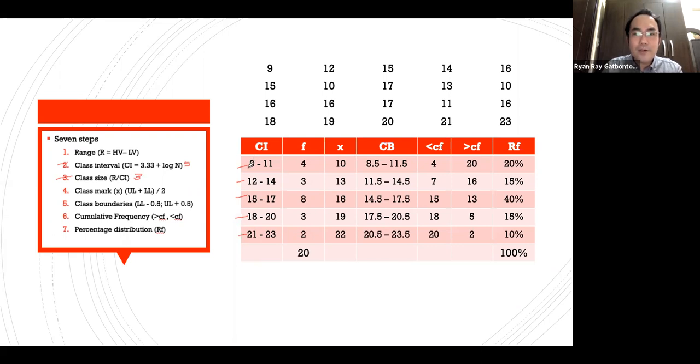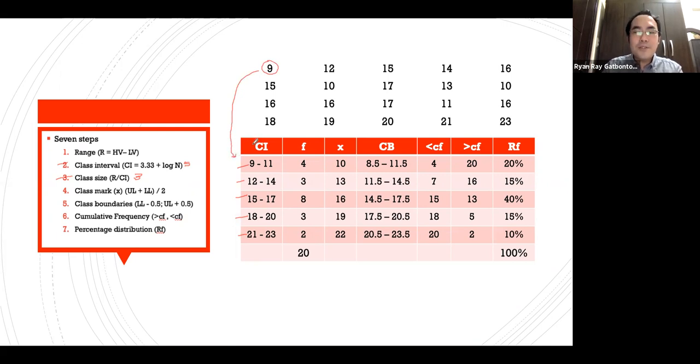So when we create our class interval, we have to make sure that there are 3 values that will be covered in that class interval. We start first with the lowest value, which is 9. That's why 9 is reflected on this part.